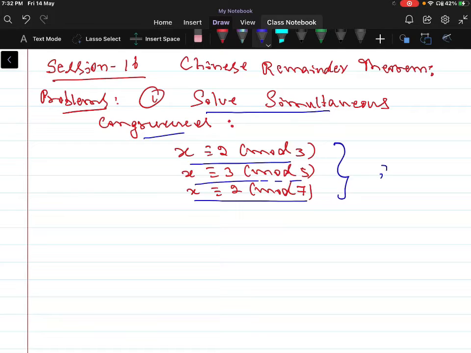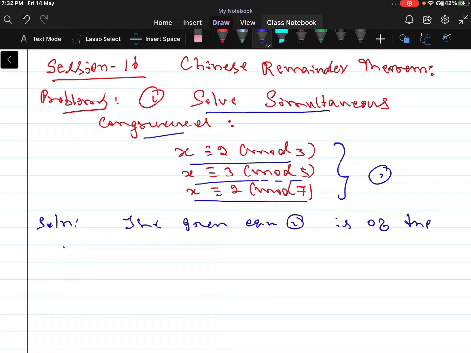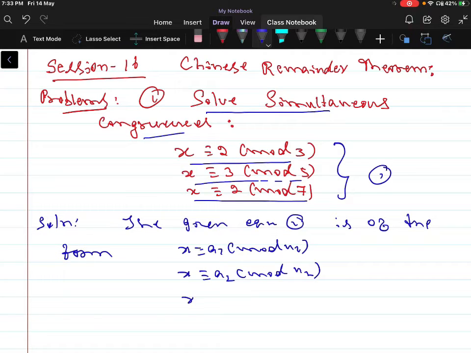We call it equation 1. Let us put the solution. The given equation 1 is of the form x is congruent to a1 modulo n1, x is congruent to a2 modulo n2, x is congruent to a3 modulo n3.